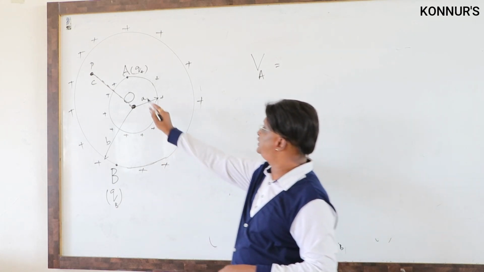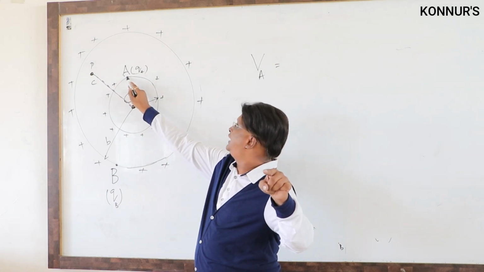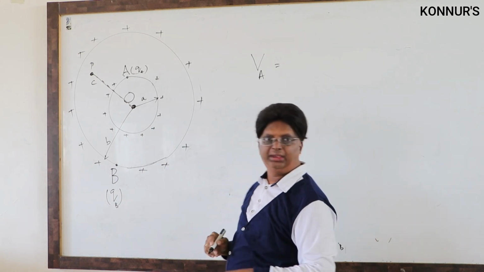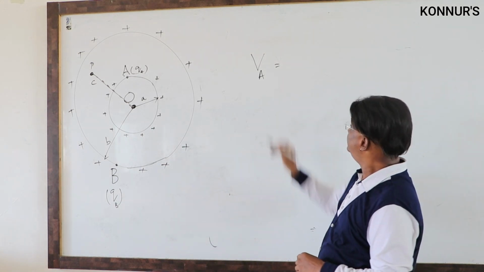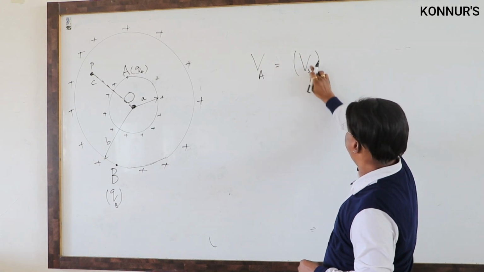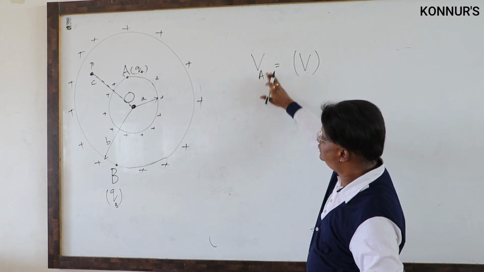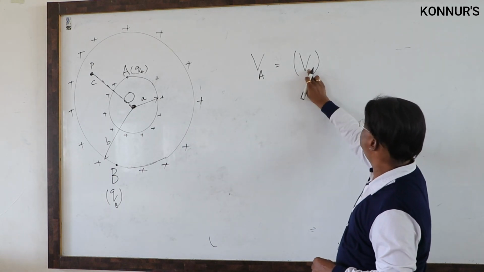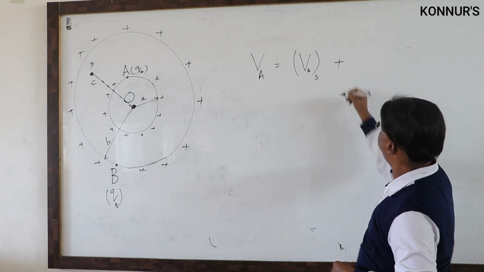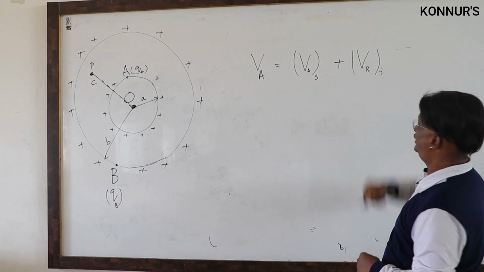Now, look at this point A. A is a surface point for the inner shell, and point A happens to be an inside point for the shell B, the outer shell, right? Therefore, VA, what do you write? Potential due to A on the surface plus potential due to B at an inside point.